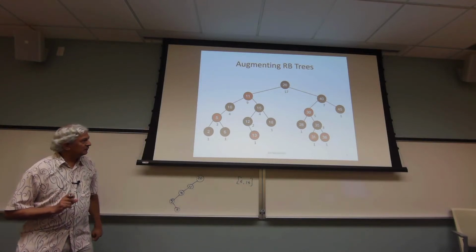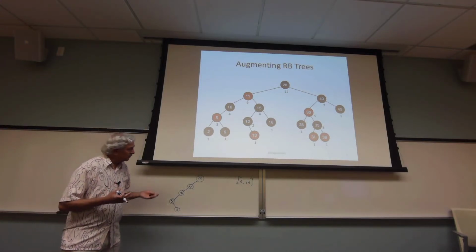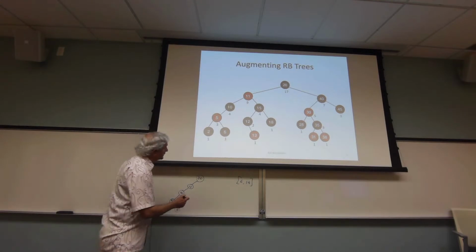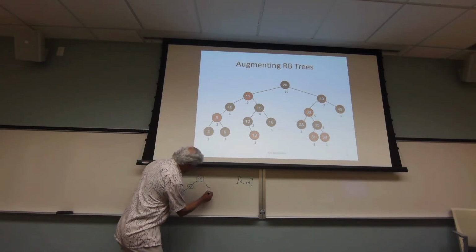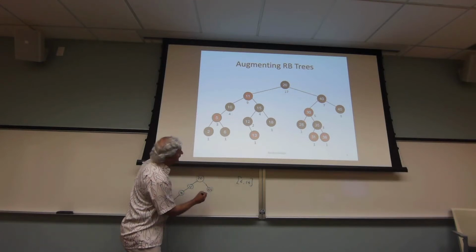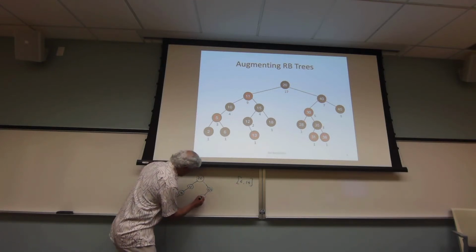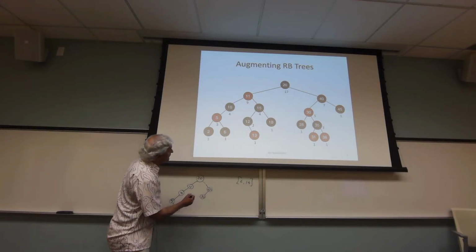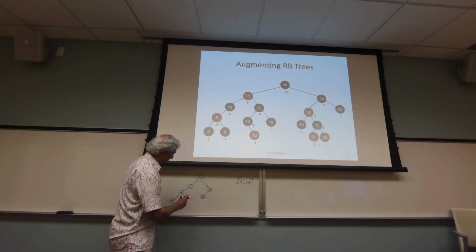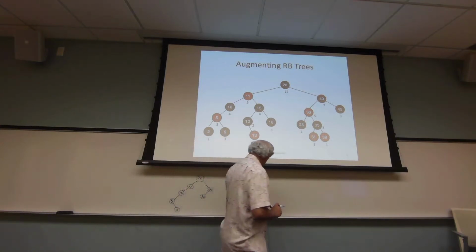Next, I'm going to try and locate 14, which I know is not in the tree, but that's okay. I'm going to search for it. On this side, I have 40. Then I have 30. Oh, sorry, what did I do? No, wrong.